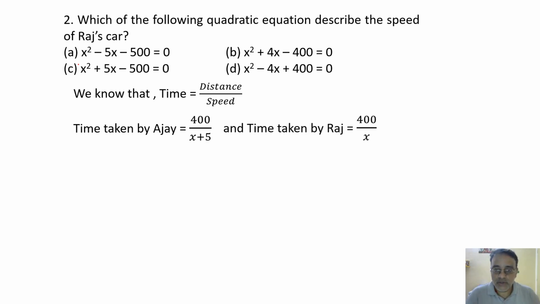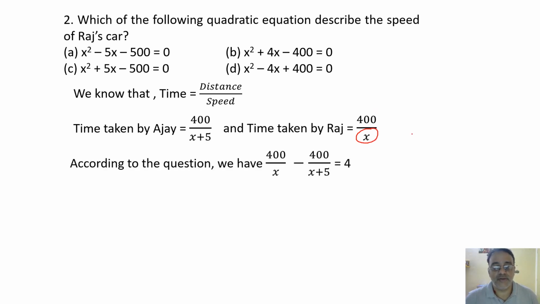Now the difference of these two, the difference of time, is 4 hours, given in the question. Right. So which will you write first? Which you have to write first is the one whose denominator is smaller. That means you have to write this one first. So according to this question, we have 400 upon x minus 400 upon x plus 5 is equal to 4.